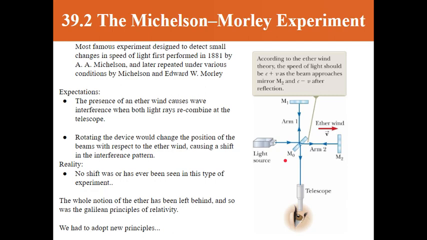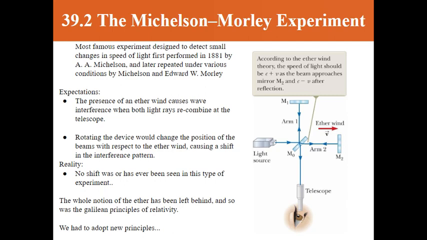And this difference in speeds would cause them to arrive at the telescope at a different phase. And so it will cause interference, and you'll see an interference pattern since the light going through one arm is boosted by the ether wind while the other one really isn't.